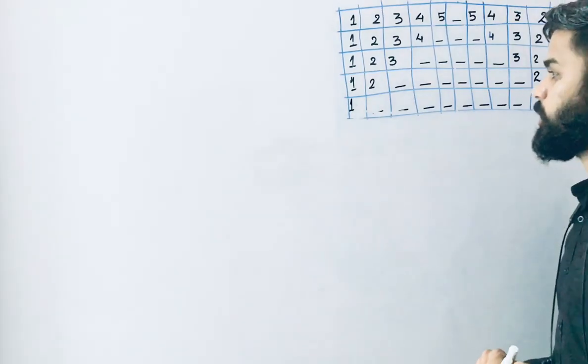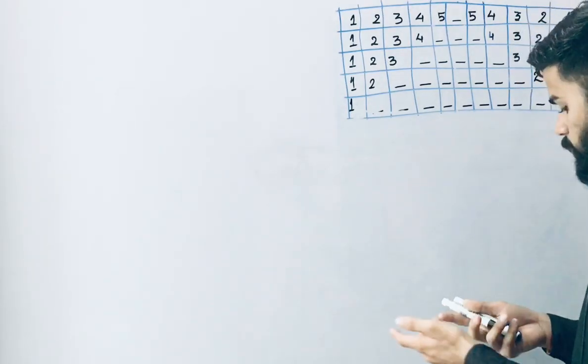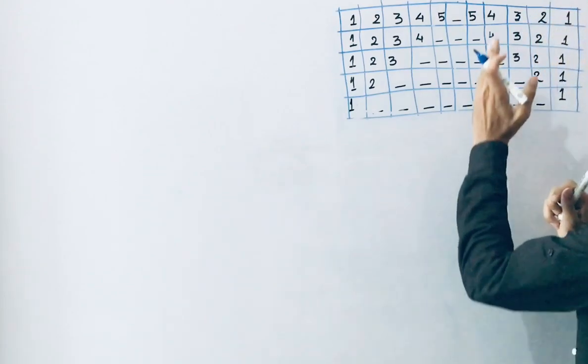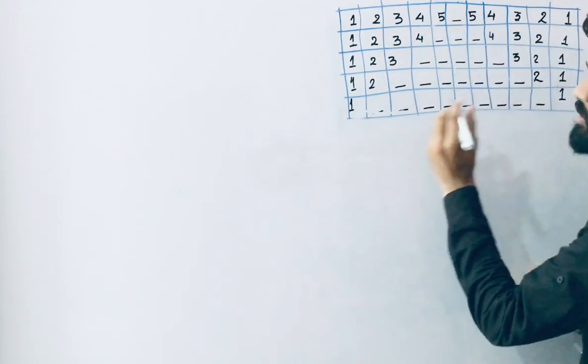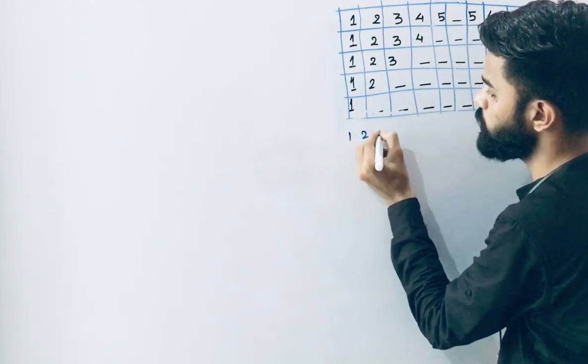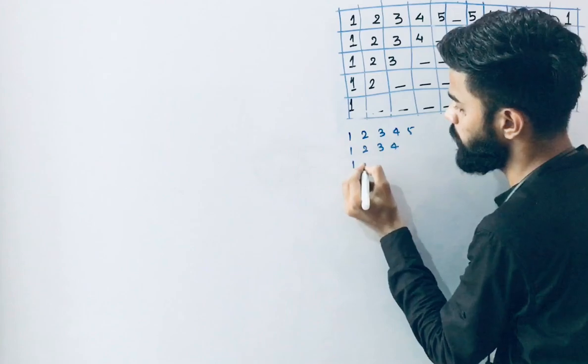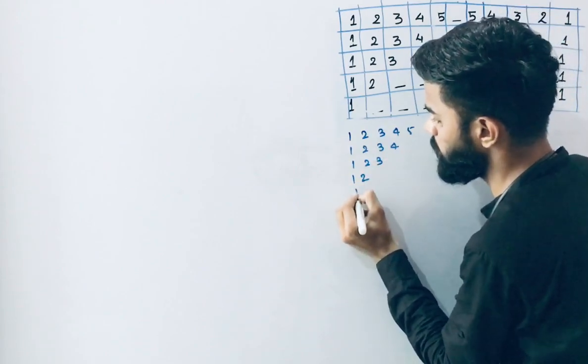So as usual, first of all I am going to separate the patterns. The first pattern is 1 2 3 4 5, 1 2 3 4, 1 2 3, 1 2 and then 1.